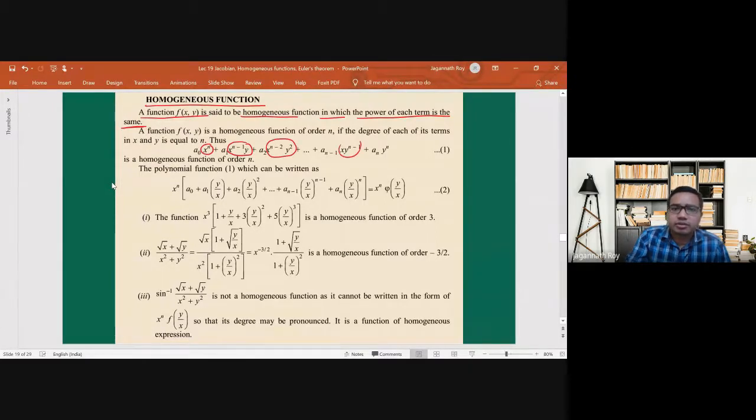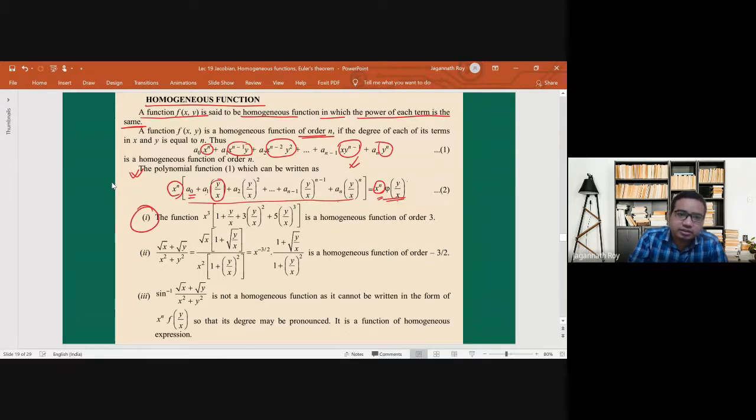So all the power is n. If you take x to the power n outside, then it will become a polynomial in y by x. This can be written as x to the power n times a function phi of y by x. If the function can be written in this form, then we can say that this is a homogeneous function of order n.